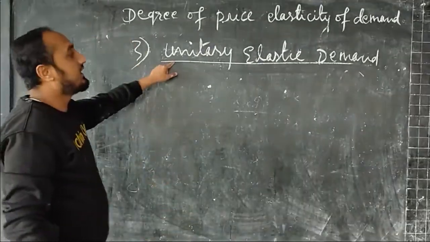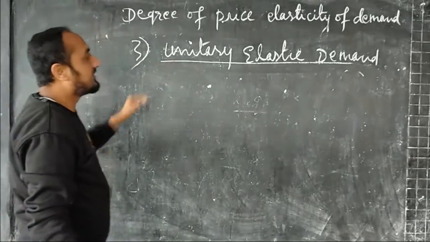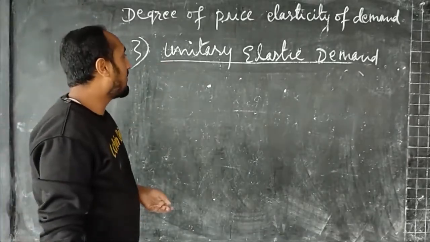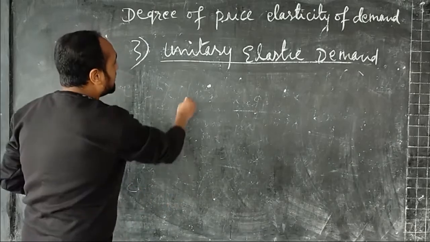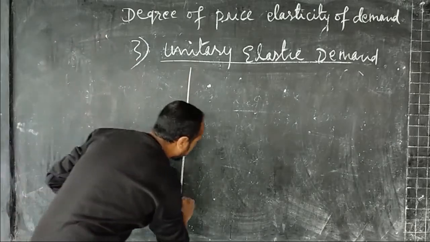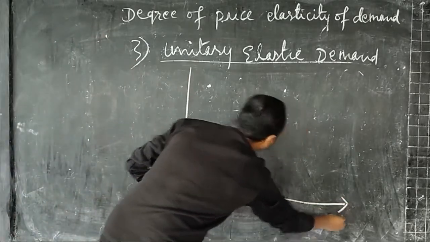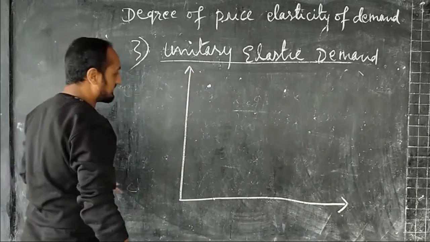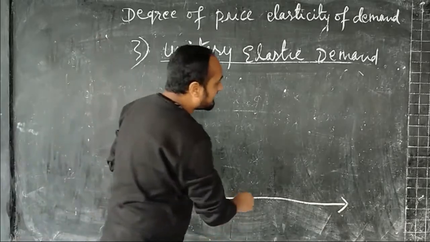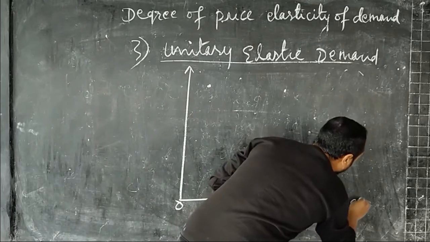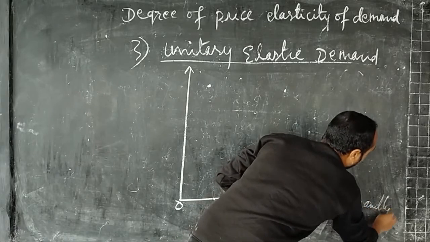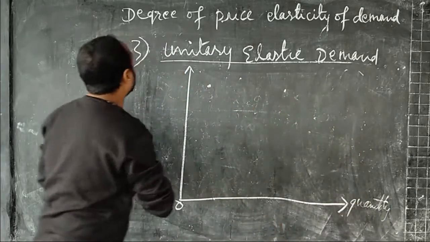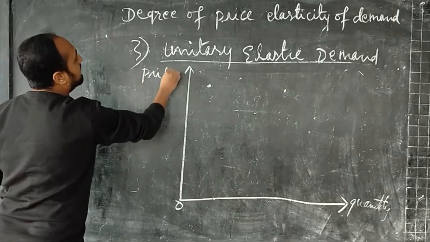This unitary elastic demand can also be represented with the help of a diagram or demand curve. So for this we have to draw two axes, x-axis and y-axis. Now in x-axis we will measure quantity and in y-axis we will measure price.